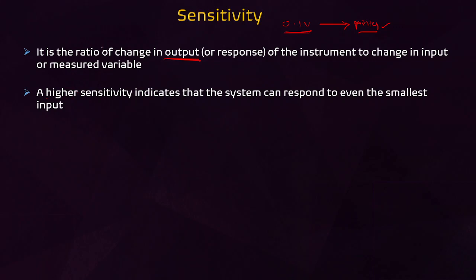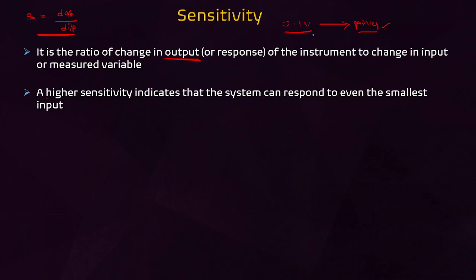Right? So we defined sensitivity as change in output with respect to change in input. For a small change in input, what is the change in output? That is called sensitivity. So sensitivity can be defined as change in output divided by change in input. Fine. And we already said that higher sensitivity means that the system can respond to even the smallest input. Right?